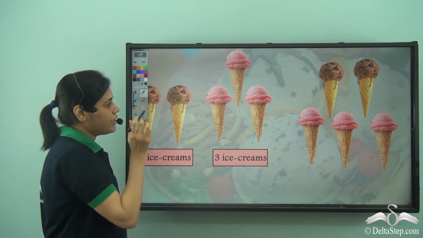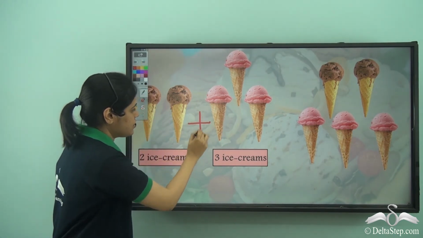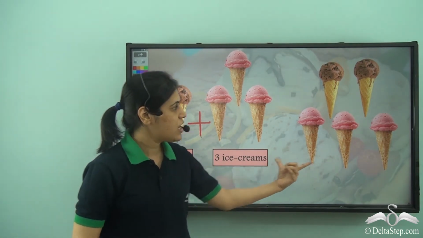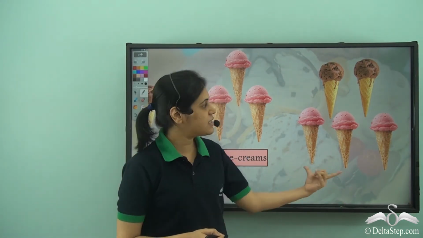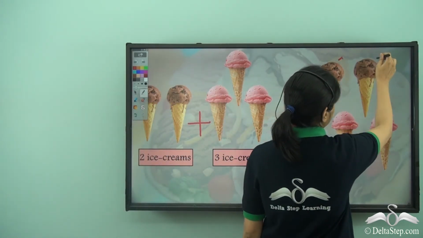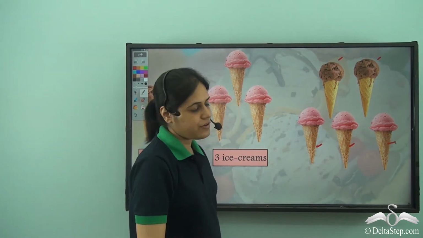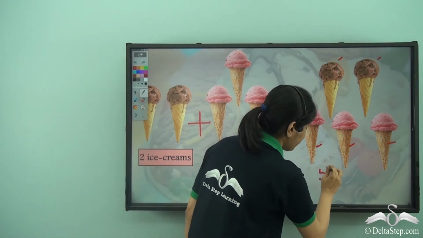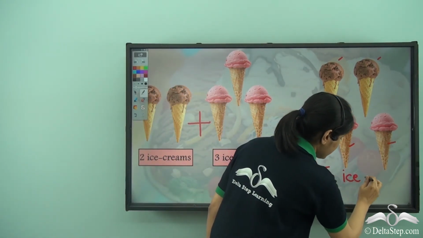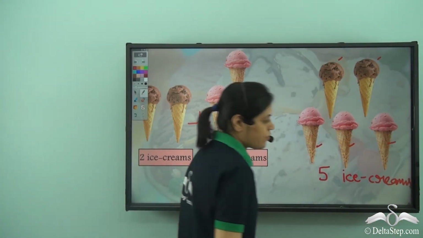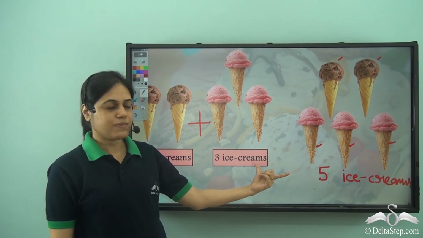So let us see if we add 2 ice creams to 3 ice creams, how many do we get? Let's count. 1, 2, 3, 4, 5. We get 5 ice creams.